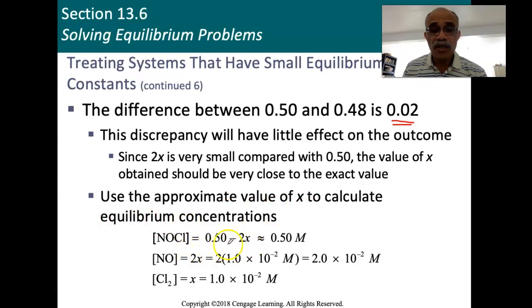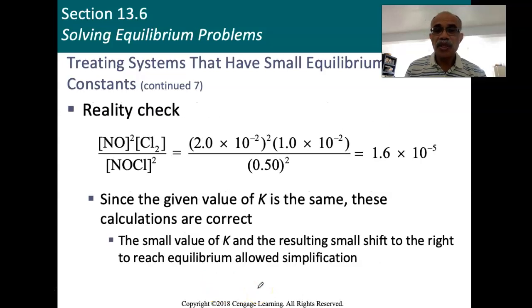So this is the approximation we did. That will be the concentration of NOCl. NO will be this number that we have calculated, and likewise Cl2 from the calculation. So what do we get? When we substitute in these values, we get 1.6 times 10 to the power minus 5. Since this matches the given K value, that means our approximation was very good.